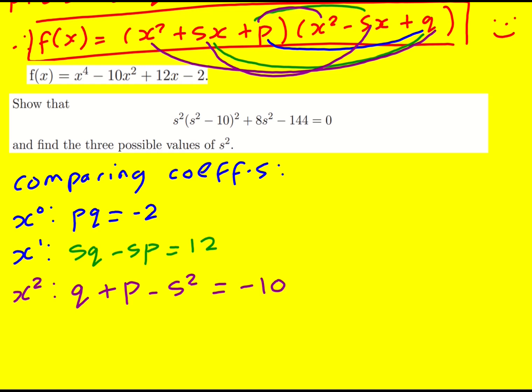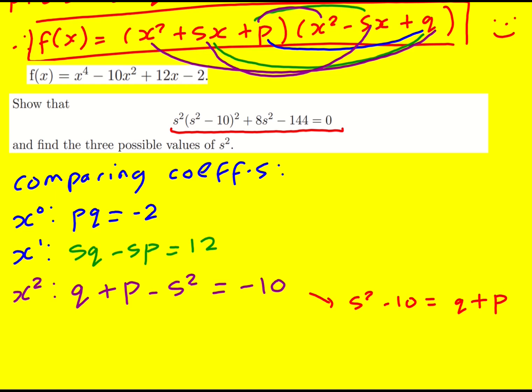So we want to combine these three equations to get an equation just in terms of s. Let's use the result to guide us rather than just blindly going into this, because they're quite complicated. We've got a p times a q for a start. The first thing I see is s squared minus 10 in my answer. So if I take this one and add s squared to both sides, I would have s squared minus 10 equals q plus p.